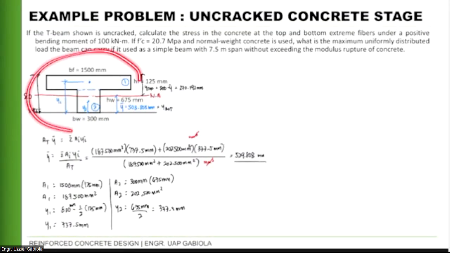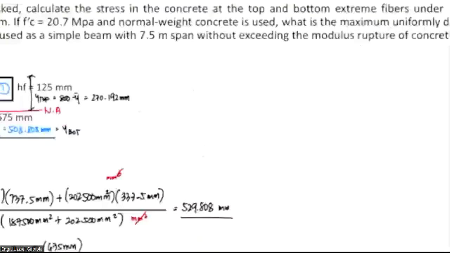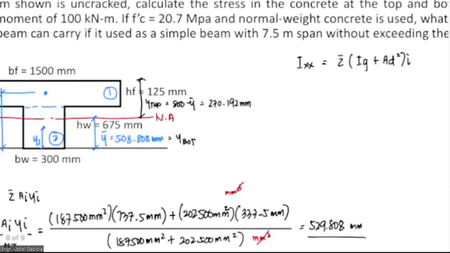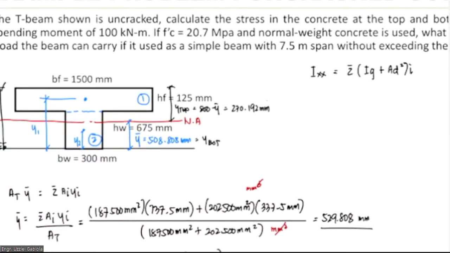But this is a composite shape, so we need to use the transfer formula for this. So we have the inertia of the whole cross section equals the summation of the gross inertia of individual plus the area times the distance from the neutral axis to the centroids of each section squared. So how do we determine that?